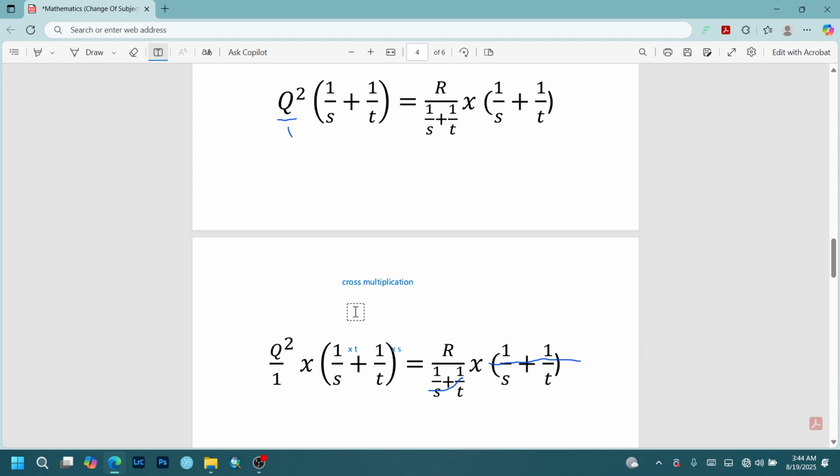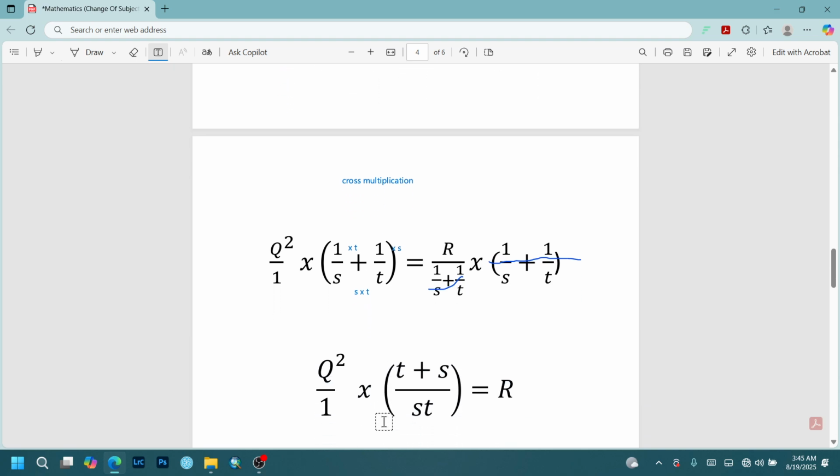And when you are done, both the denominators would multiply each other, right? So S multiplying T, right? So that's how cross multiplication is done. So the denominator on your right hand side would multiply the numerator on your left hand side, and the denominator on your left hand side will multiply the numerator on your right hand side, and both denominators would multiply each other afterwards, right?